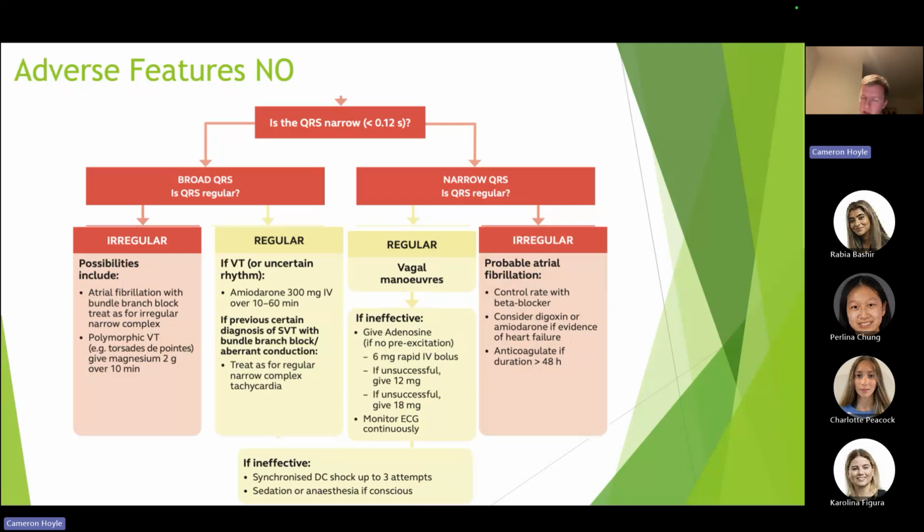That atrial fibrillation is more likely infection driven. So generally, we wouldn't treat the atrial fibrillation straight away. We would try and treat the infection, and then if that doesn't resolve the atrial fibrillation, you would think about treating the actual AF itself with beta blockers and whatnot.